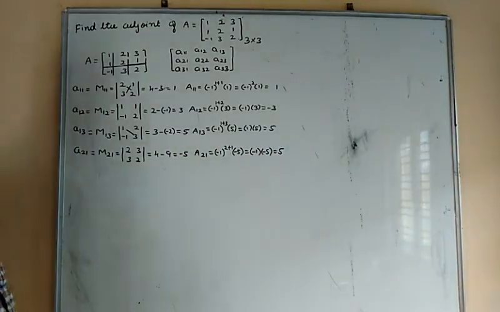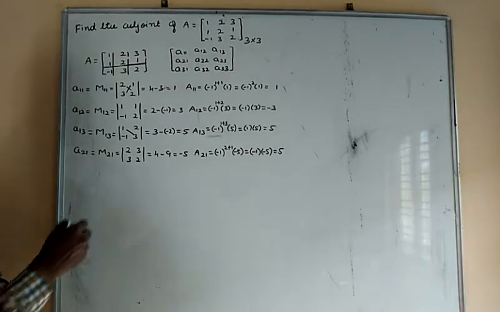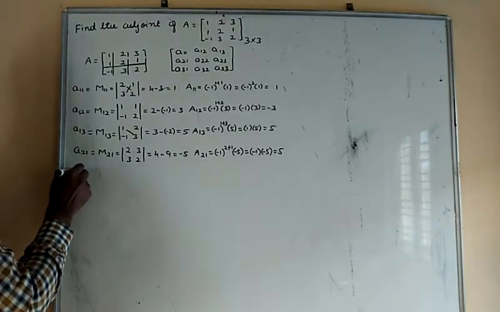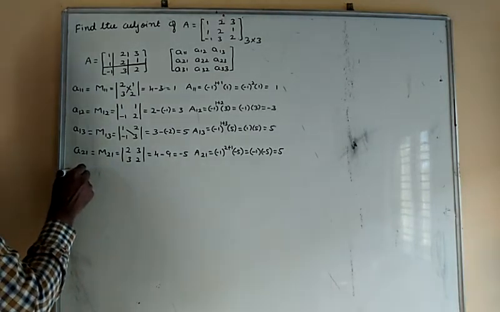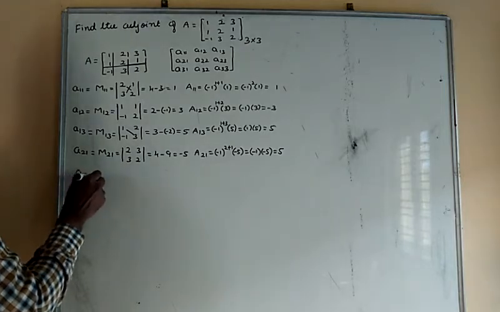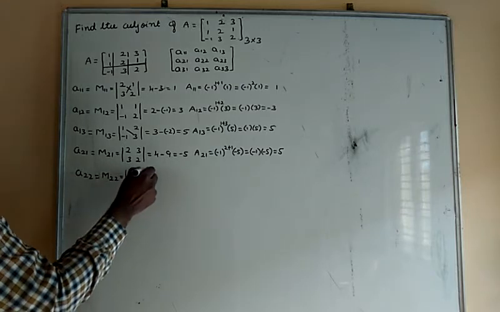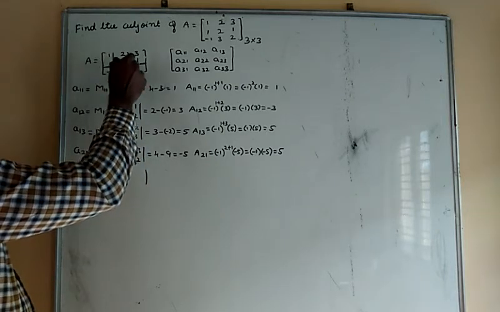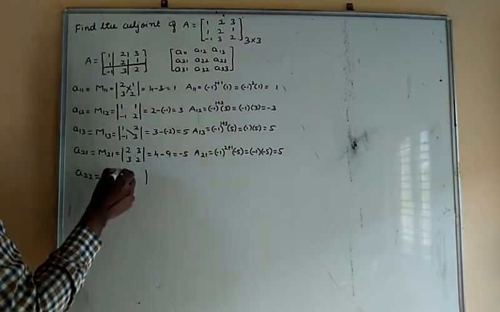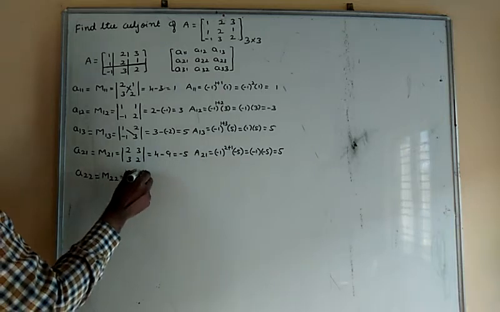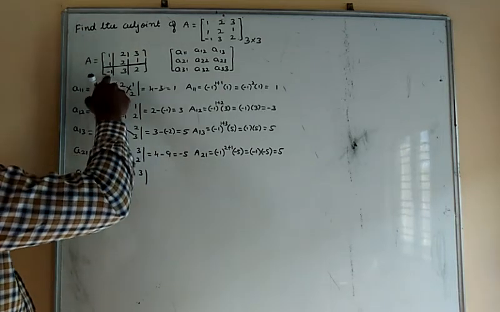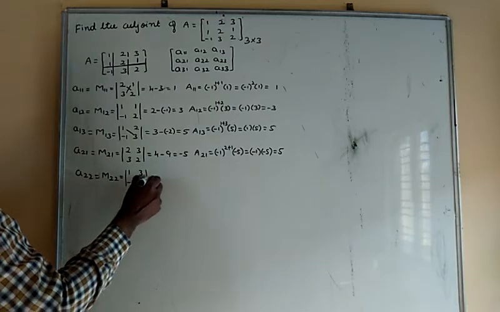Okay. So now let us find the minor of A22. A22 means M22. M22 means we have to leave the second row and the second column, leaving 1 3, minus 1 2.